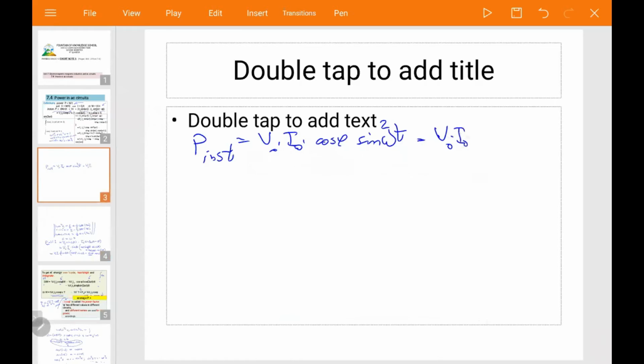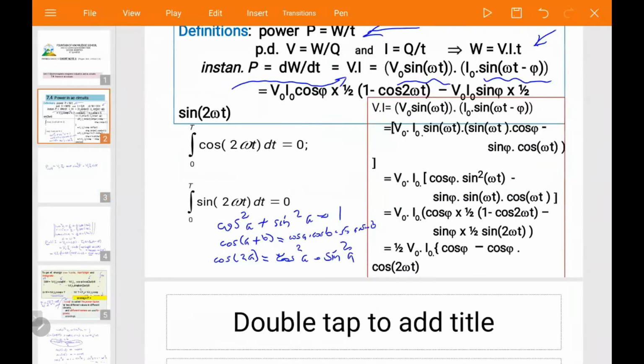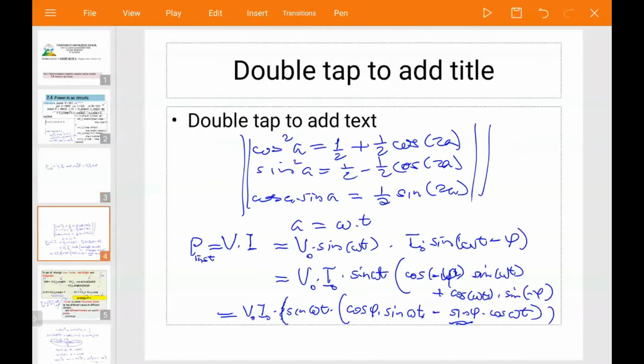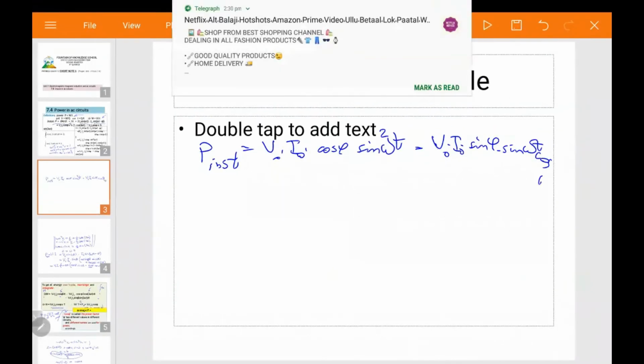V0 I0 sine phi, sine omega t cos omega t, times cos omega t.